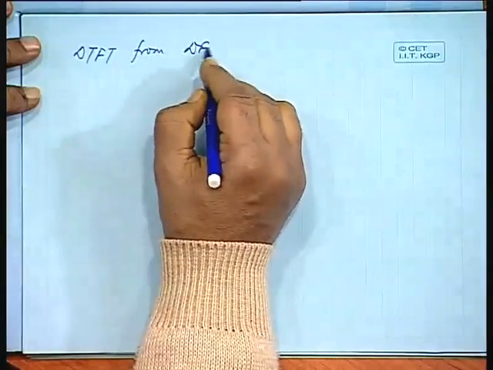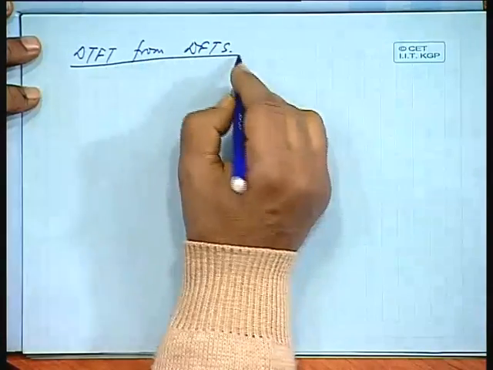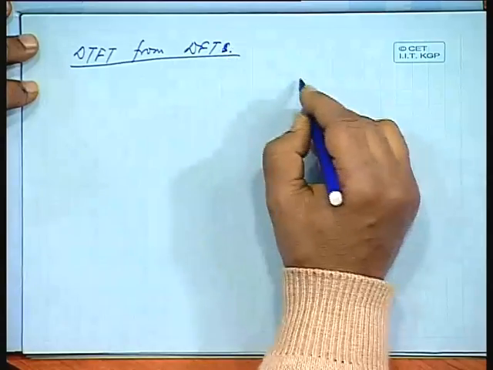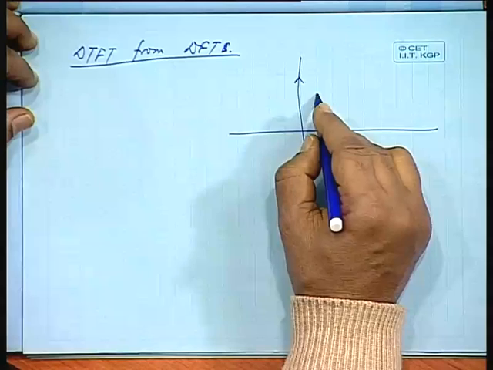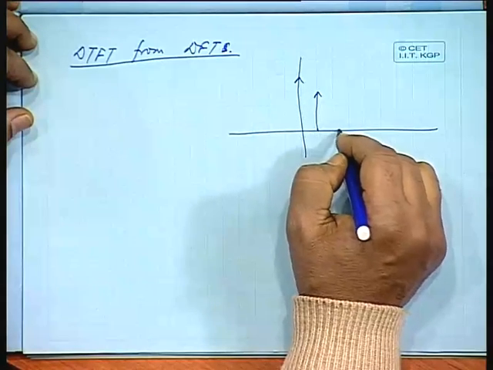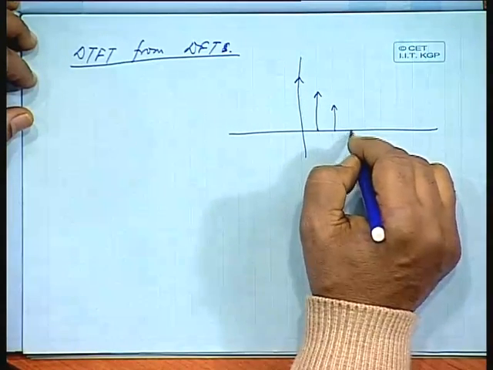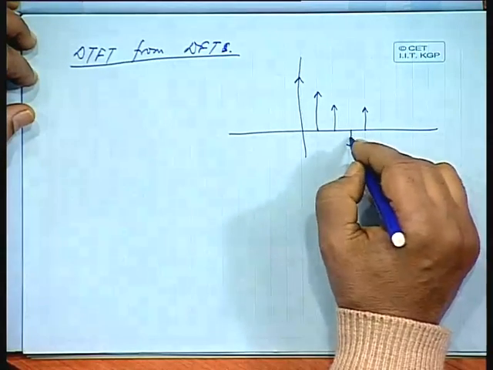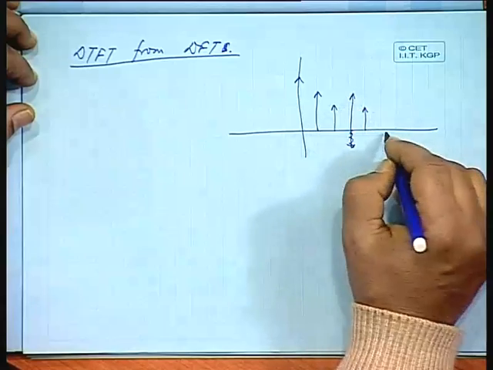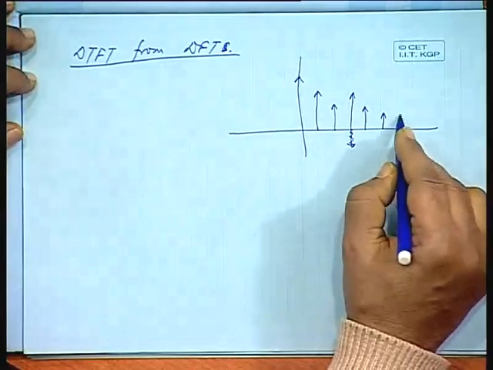Now, can you compute the DTFT from the DFT? That is, what we are trying to achieve is, if you are given say the DFTs, of course they are complex, there is an angle associated with that. Okay, I will show only the magnitudes on this side and so on.